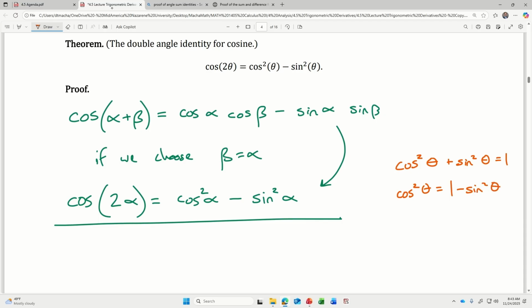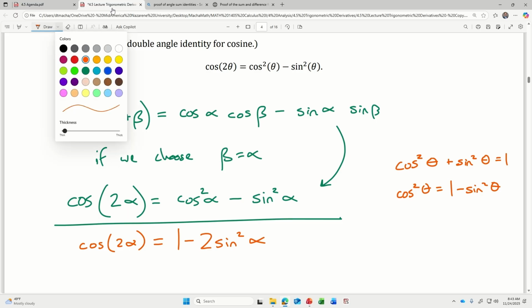Because I could just subtract sine squared from both sides over here. Well, then this is also equal to 1 minus 2 sine squared alpha. Alpha, theta, doesn't matter what symbols we use, right?